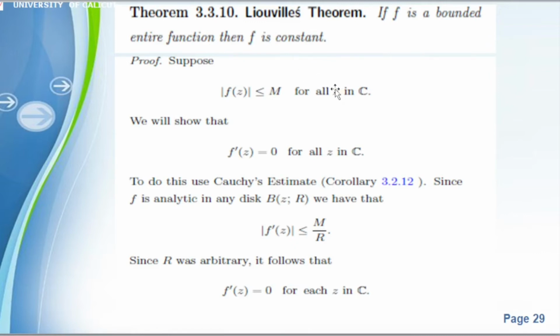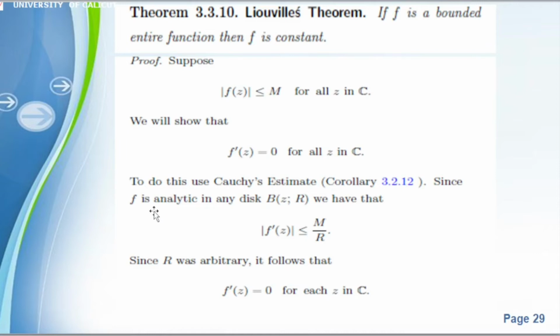Suppose the absolute value of f of z is less than or equal to M for all points in C. Then, if it is a constant, the derivative becomes 0 for all z in C. So we have to show that f dash of z is equal to 0.